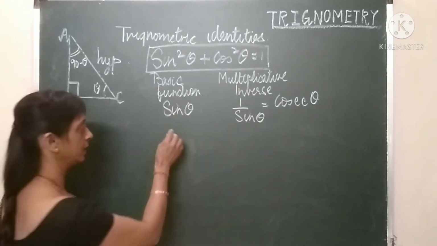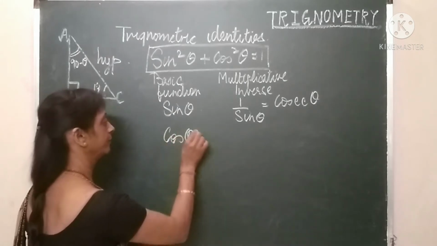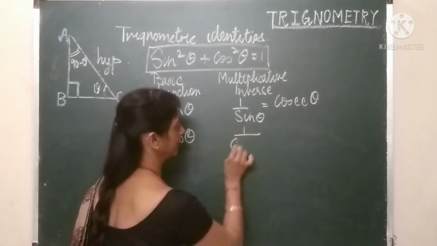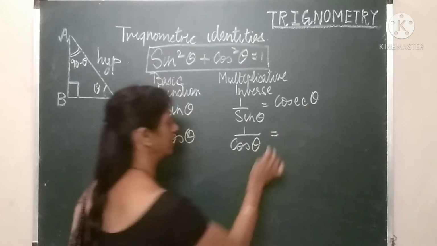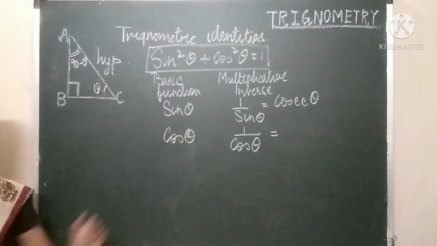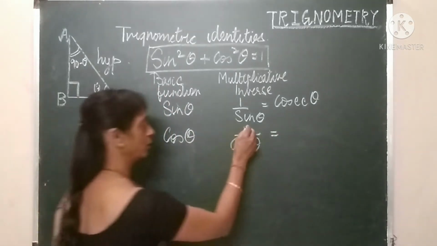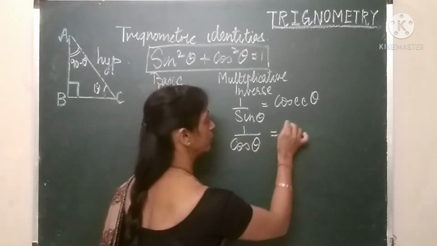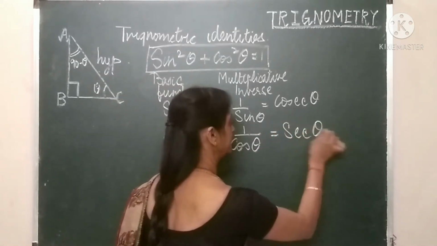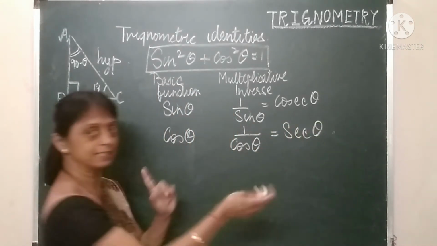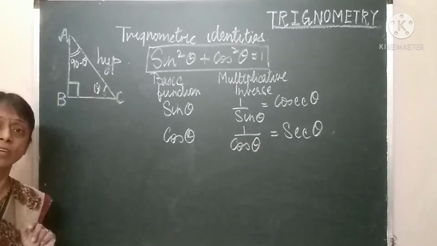Which was the other one? It was cos theta. The inverse we always write as 1 upon cos theta, but instead we say sec theta. That means cos theta and sec theta are multiplicative inverses of each other.